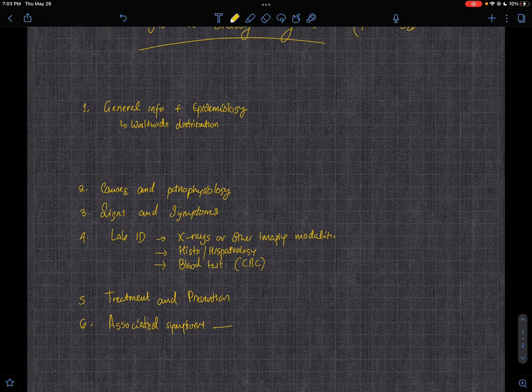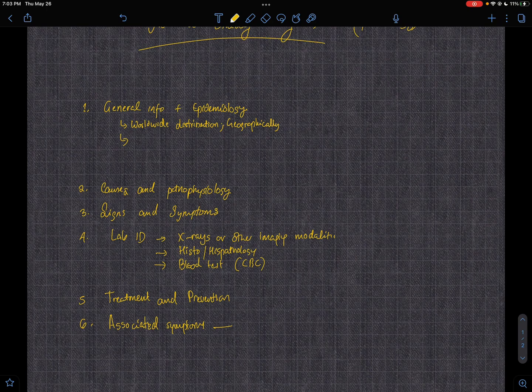So we can say it has worldwide distribution. So where it is geographically, because usually certain diseases are located in certain parts of continents and certain parts of Earth. So we should look at that particular geographical distribution.